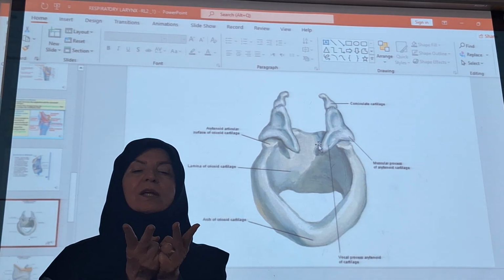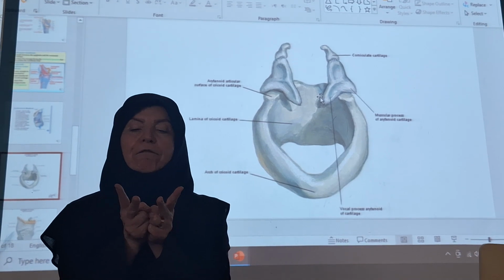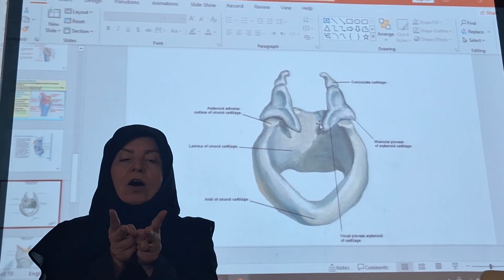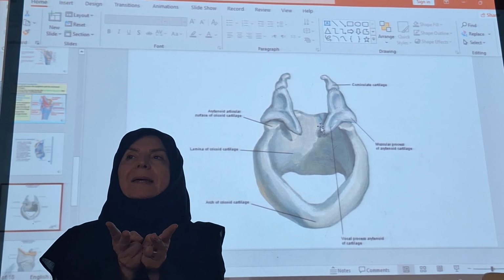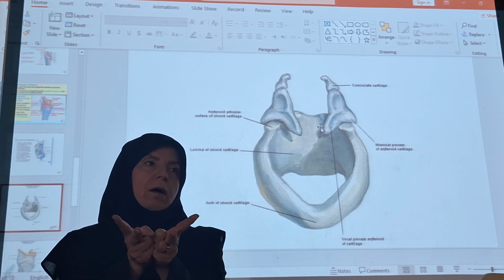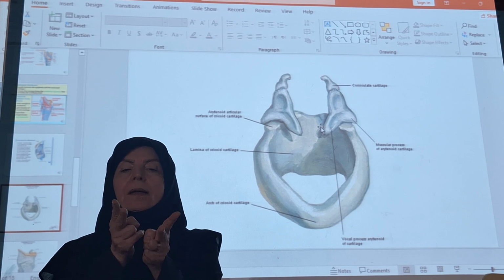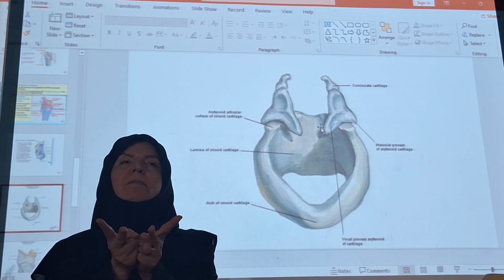When you look superiorly, you are able to find all of these, because they are not like this, they are like this. The vestibular ligaments are lateral, far from the midline, but the vocal ligaments are near the midline.